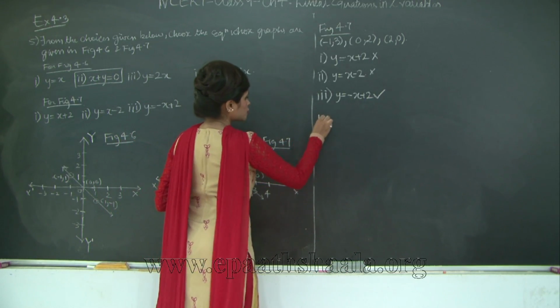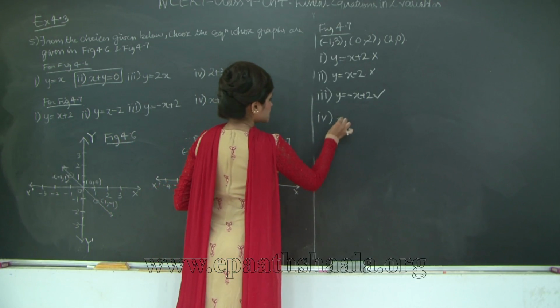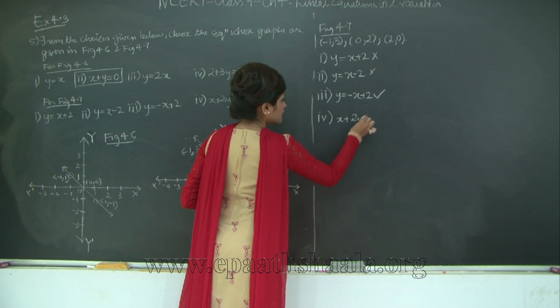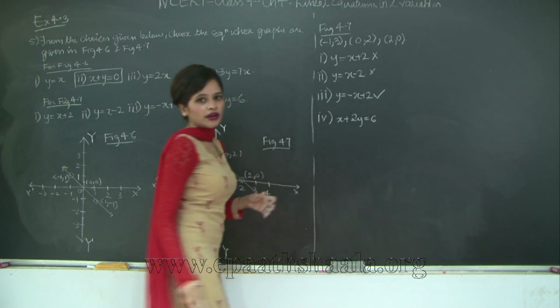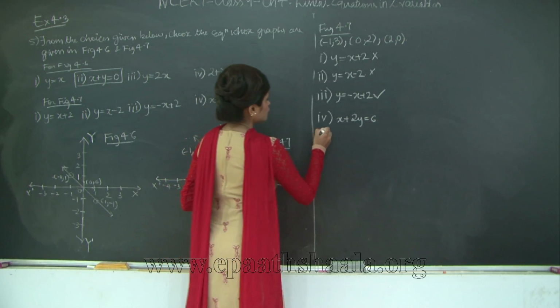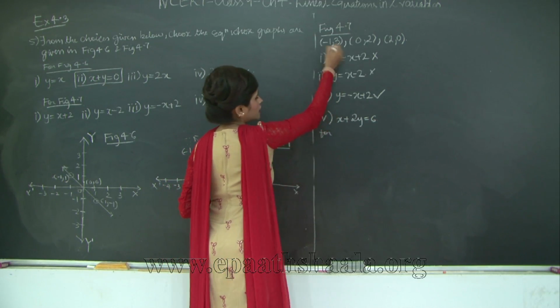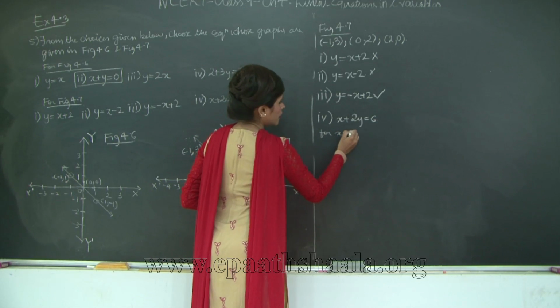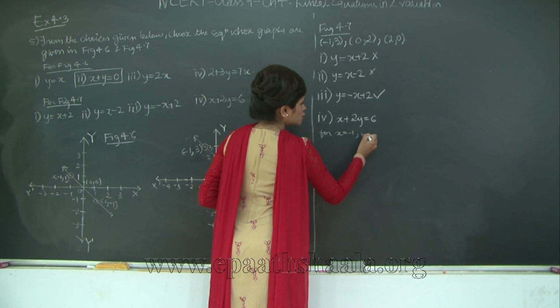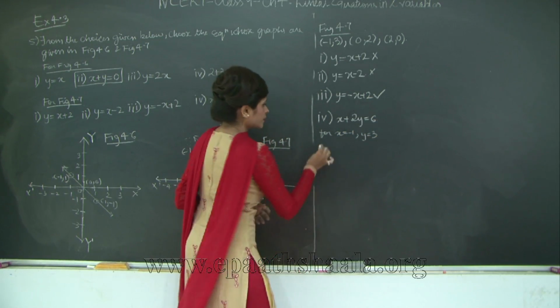So, my fourth equation is x plus 2y is equal to 6. So, I will check for one coordinate at a time. So, for this coordinate, x is equal to minus 1 and y is equal to 3. What do I get?